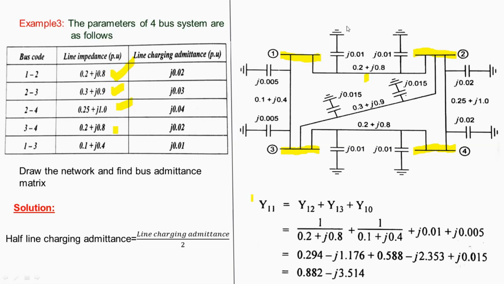Then add the half line charging admittances on the sending end side, j 0.1 and j 0.005. Those are admittances, so there is no need to take the inverse; add them directly. The branch values are impedances, so only those are inverted. Simplifying with a calculator, you get 0.882 minus j 3.514.